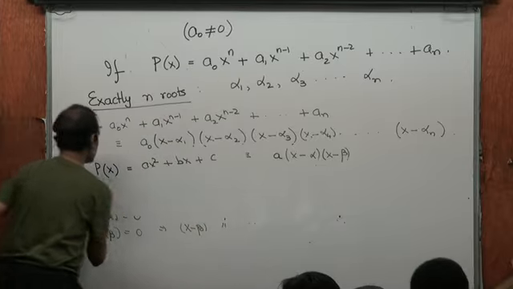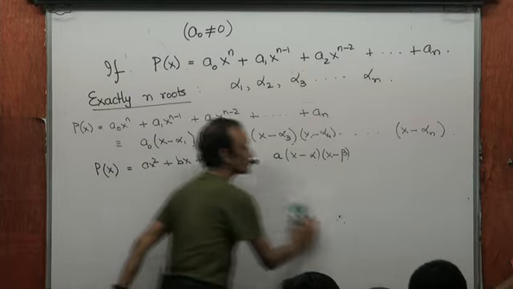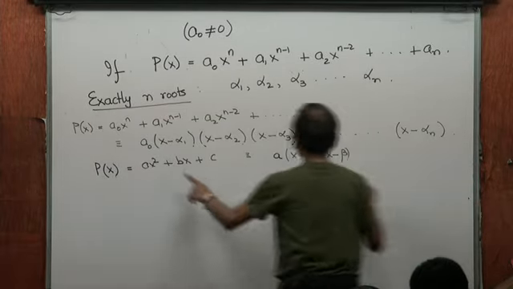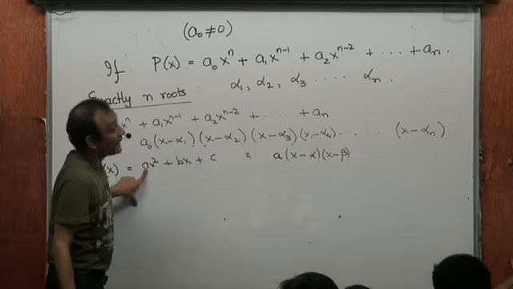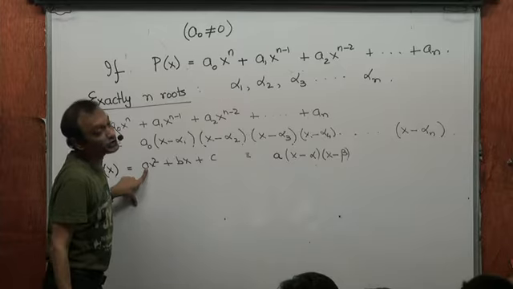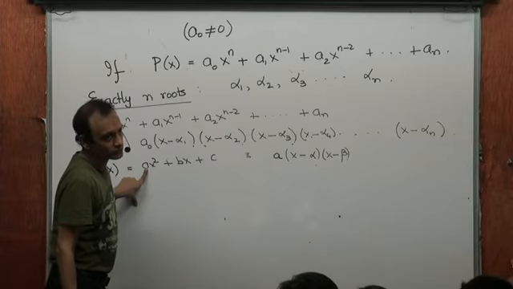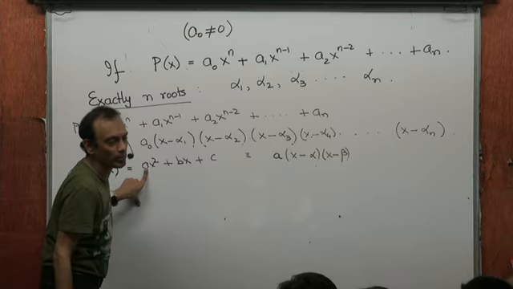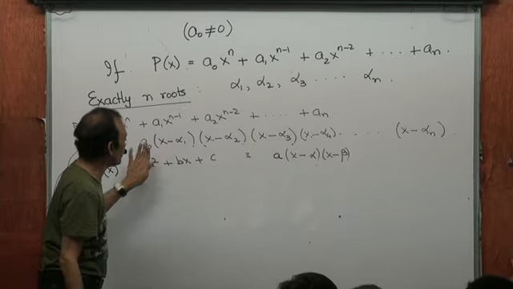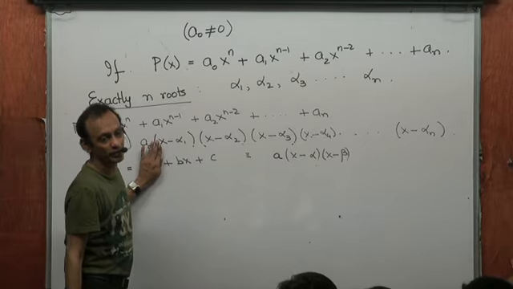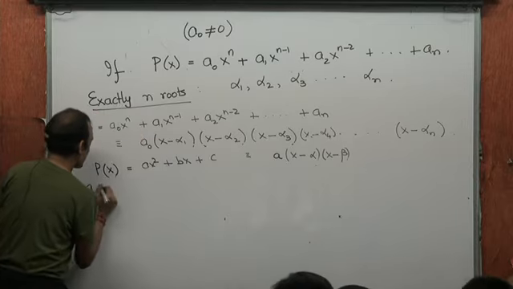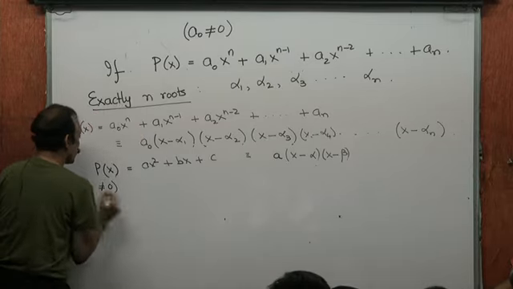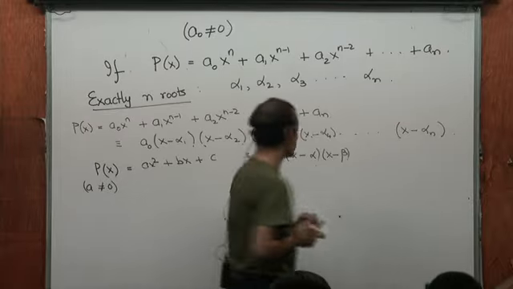Now, having said this, this is identical, and if it's a quadratic, a should not be 0. And if a is not 0, can I not divide both sides by a? A cannot be 0 because it's a polynomial of degree 2. If a were to be 0, it will become a linear polynomial. So a should not be 0. And if a is not 0, I can divide by a both sides, right?